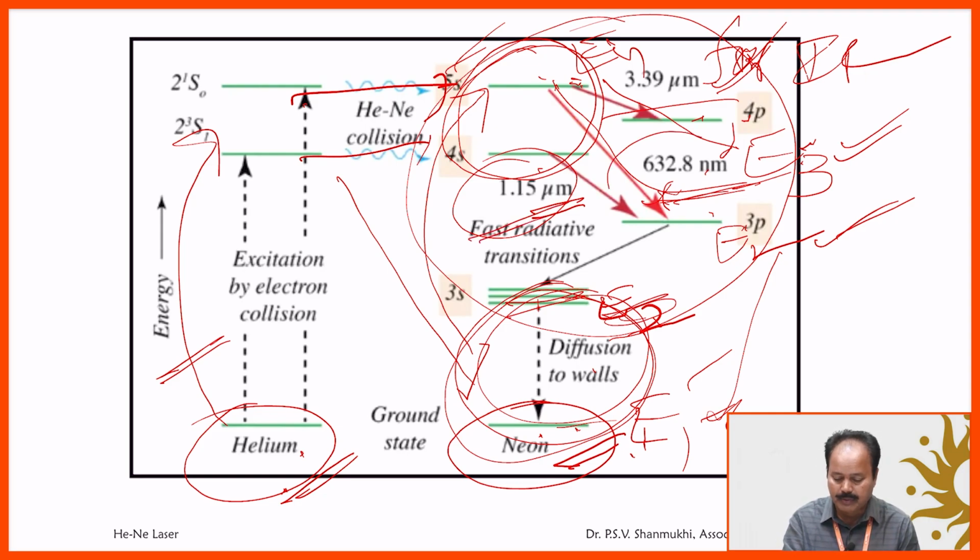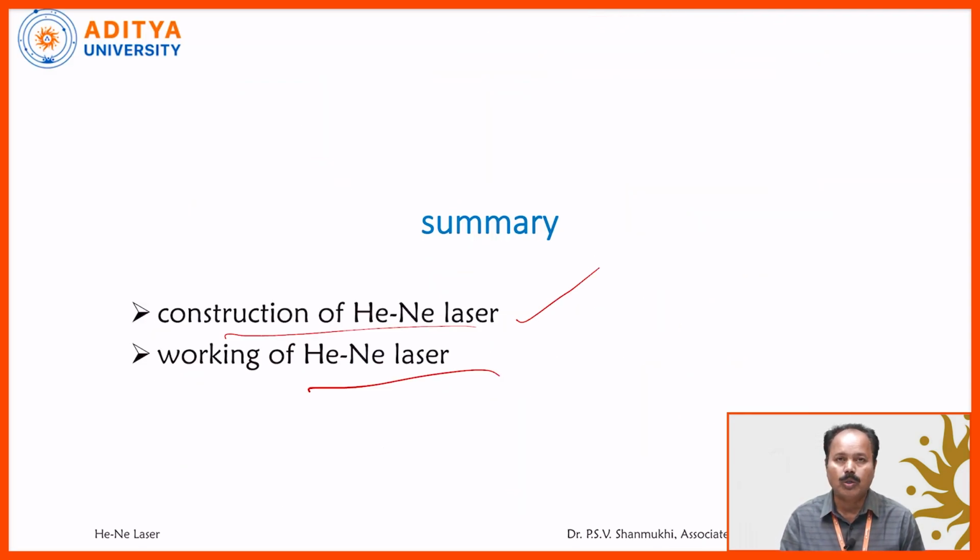Except 6328 angstroms, the remaining light is in the infrared, far infrared, and is invisible. Only the visible light is the 6328 angstroms red color light. In that way, we get a monochromatic, high energetic, unidirectional laser beam by using this helium neon laser.